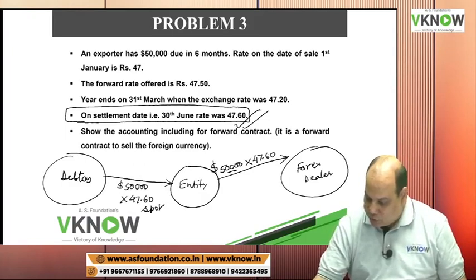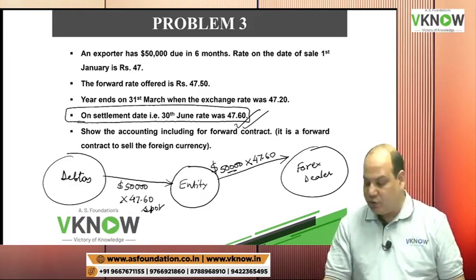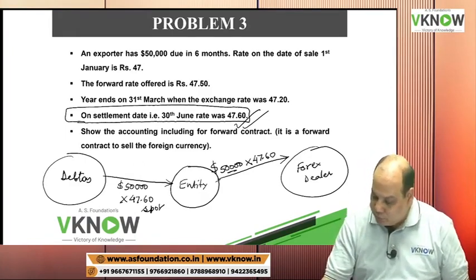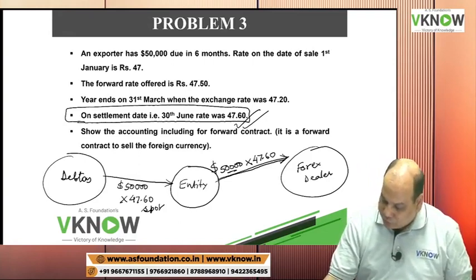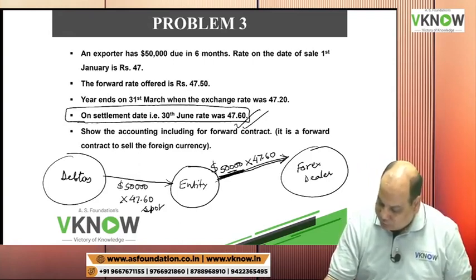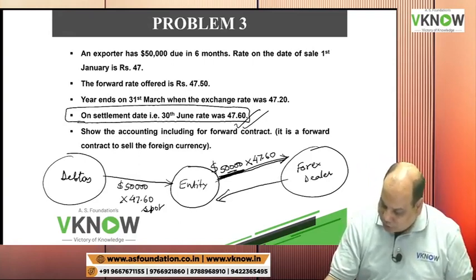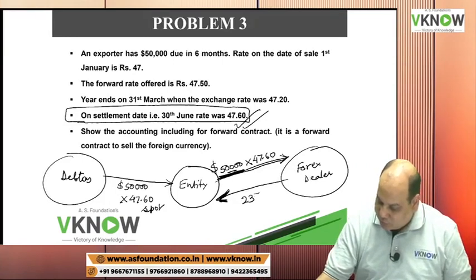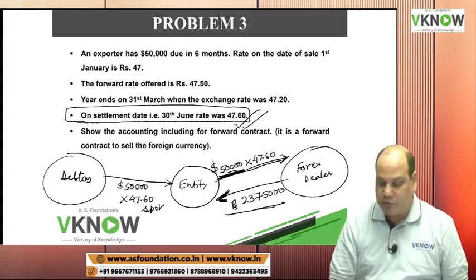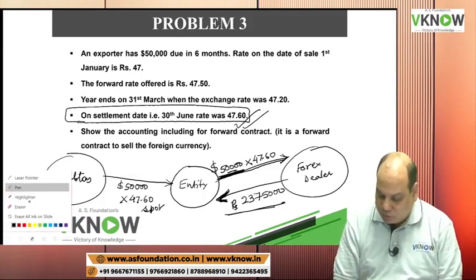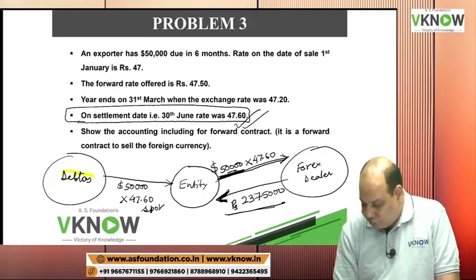This will also be converted at 47.60. The moment I hand over $50,000, Forex dealer will hand over to me the contracted 23 lakh 75,000 rupees.